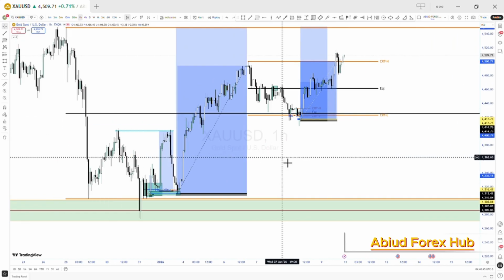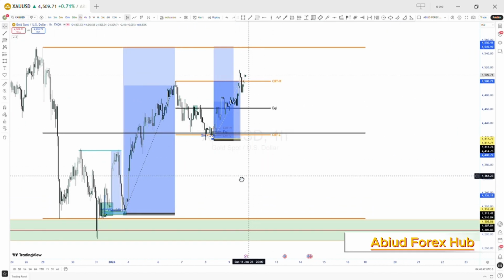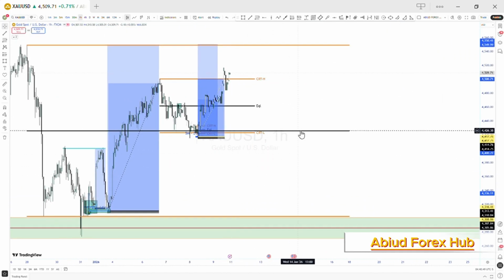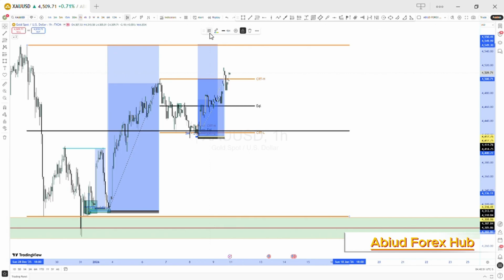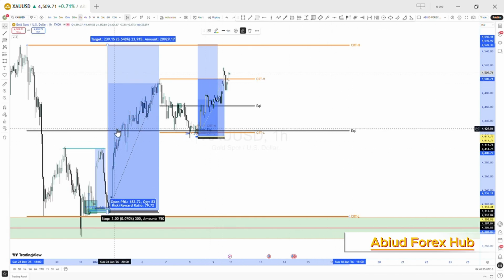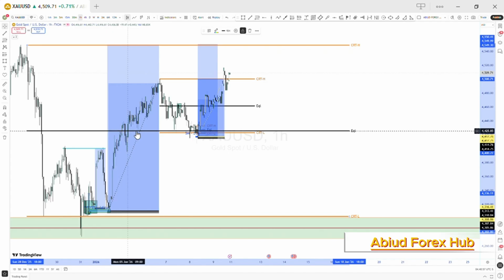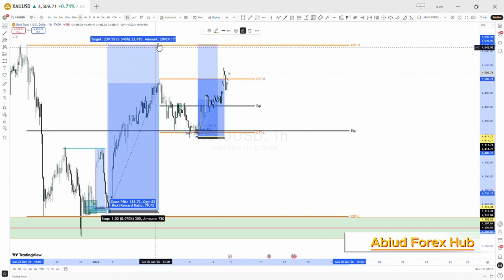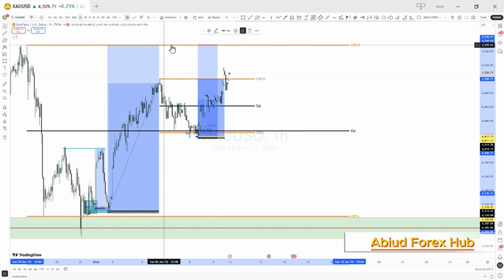Yes, there are people who would close it at 50%, which is very okay. This is 50% or equilibrium. I call it an equilibrium. You would have taken your first profits at this level. Then from there, you proceed to the target level, which is this. That's how it's still progressing.